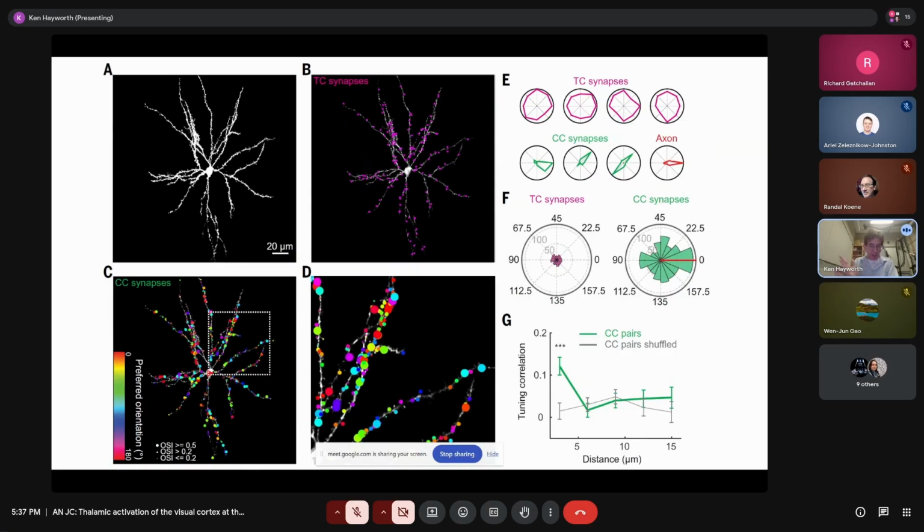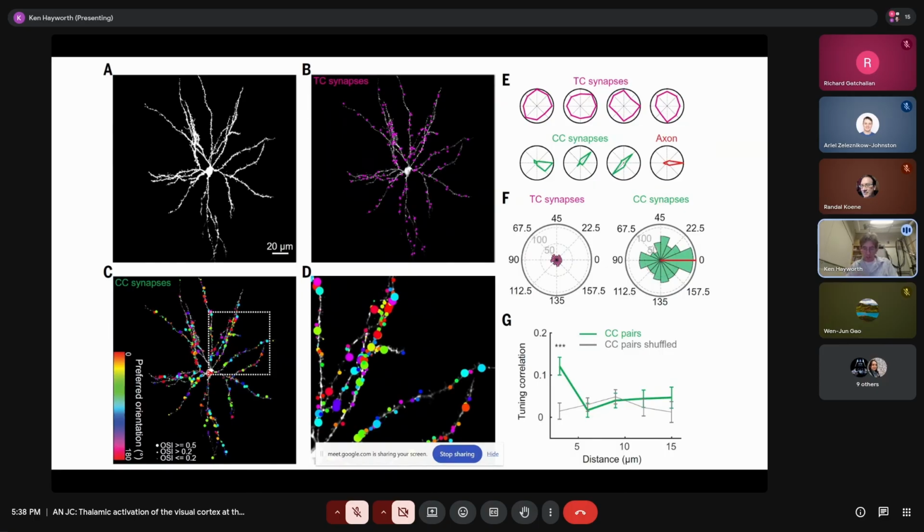I can compare angle, and that gives me a correlation. So if they were right at the same angle, then this would be a high correlation. If they're 90 degrees off, then it would be a low correlation. Okay, and so this is plotting the correlation between pairs of synapses as a function of the distance between those synapses along the dendrite.